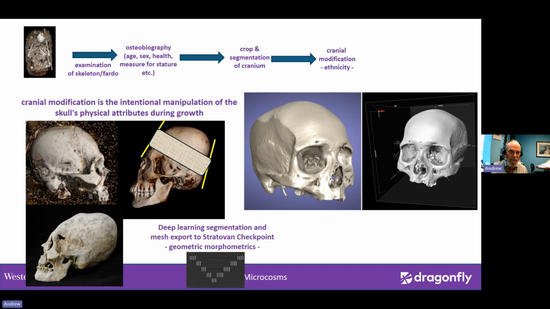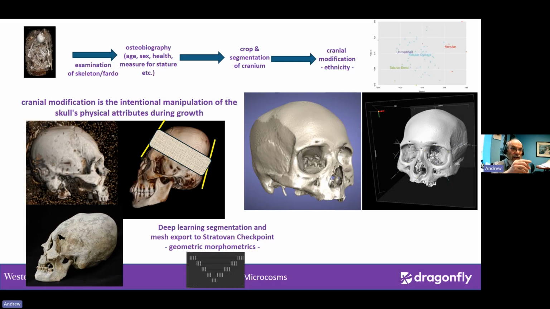You can see the left image with the purple background is the mesh model that she's created using the deep learning segmentation. On the right, it's kind of hard to see, you can see the little X's are the landmarks that she's putting in that allow this complex three-dimensional shape to be described using this procedure called geometric morphometrics.